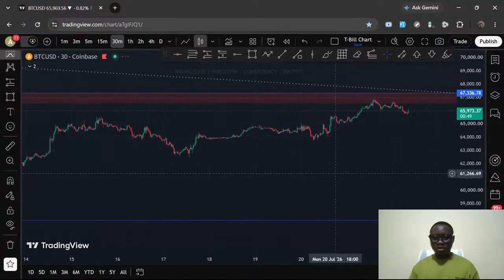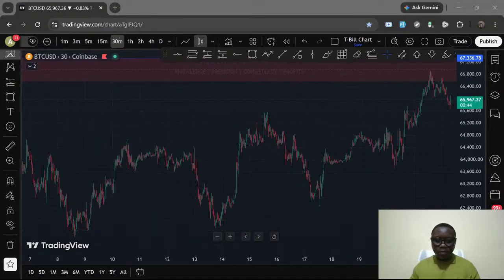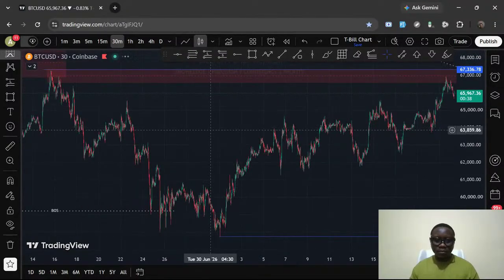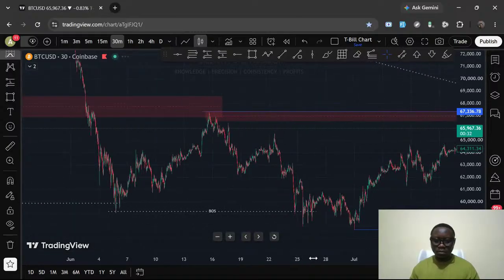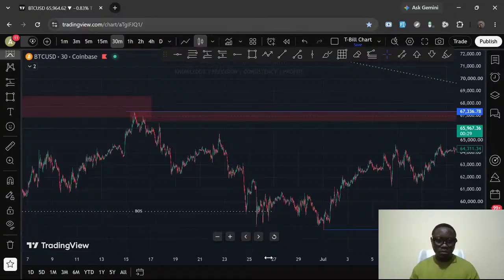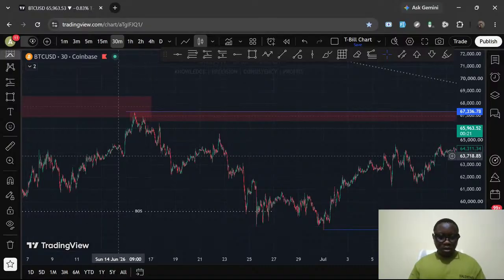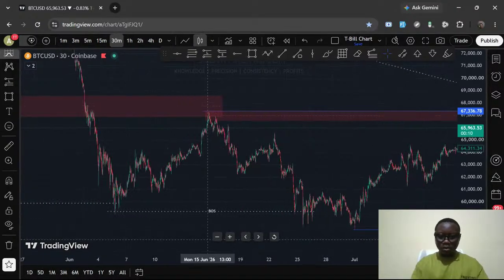So let's drill down to the 30-minute time frame to read the structure. Price tapped into the zone and gave a market structure shift to the downside right here. Let's zoom in.